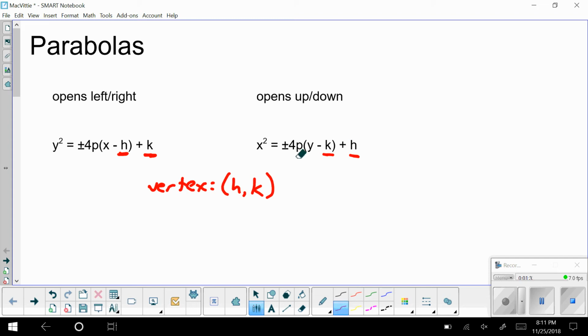Then the p in both of these, p is what we call the focal length. This is the distance from focus to vertex.